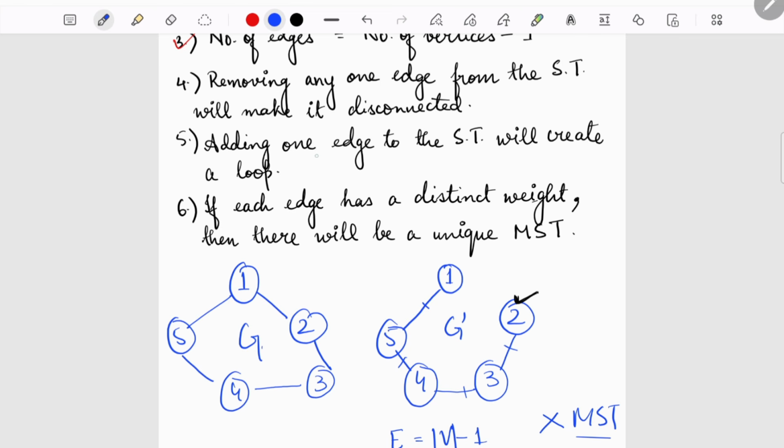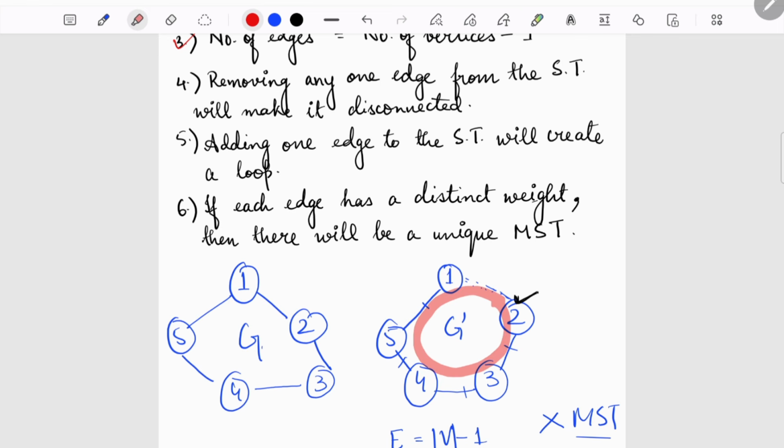Next it says adding one edge to the spanning tree will create a loop. So say I add any one edge. If you add this edge, then also it's going to create a loop. This is the whole cycle. This is a loop.